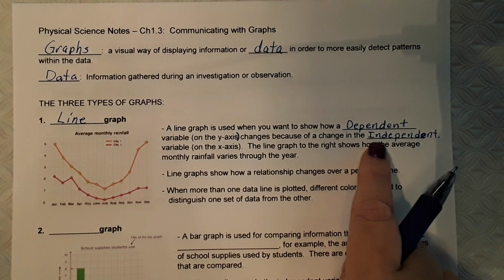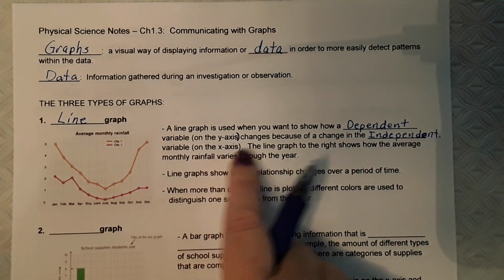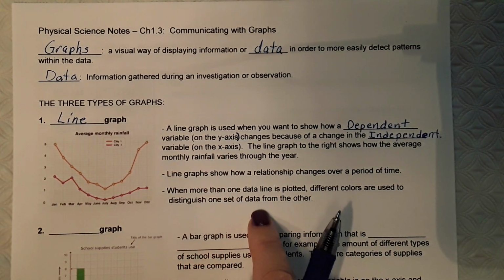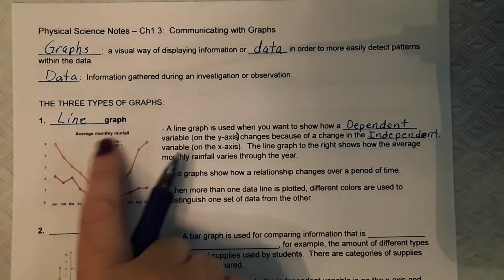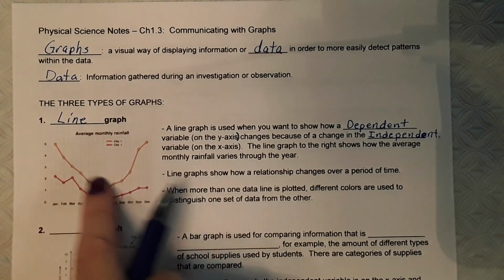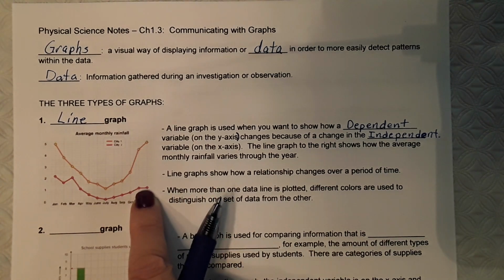The independent variable goes on the x-axis. The dependent variable goes on the y-axis. Okay? Now, the line graph over here to the side shows the average monthly rainfall that varies through the year between two different cities.